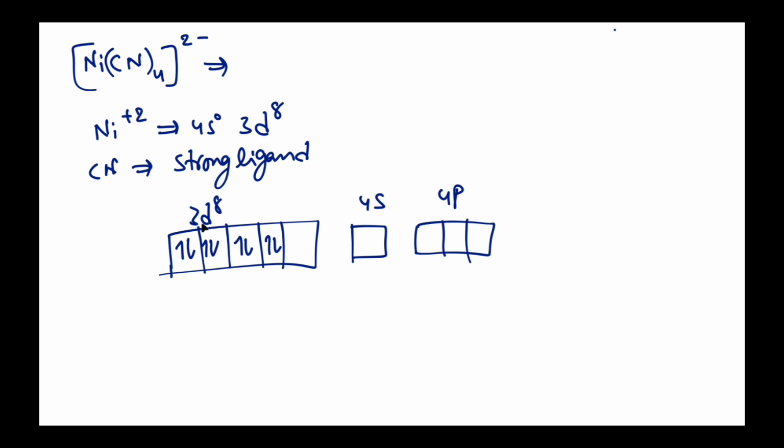Then further, we require 3d, 4s and 4p orbitals. We have 4 ligands, so we require 4 orbitals, so one 3d, one 4s and two 4p orbitals undergo dsp2 hybridization.